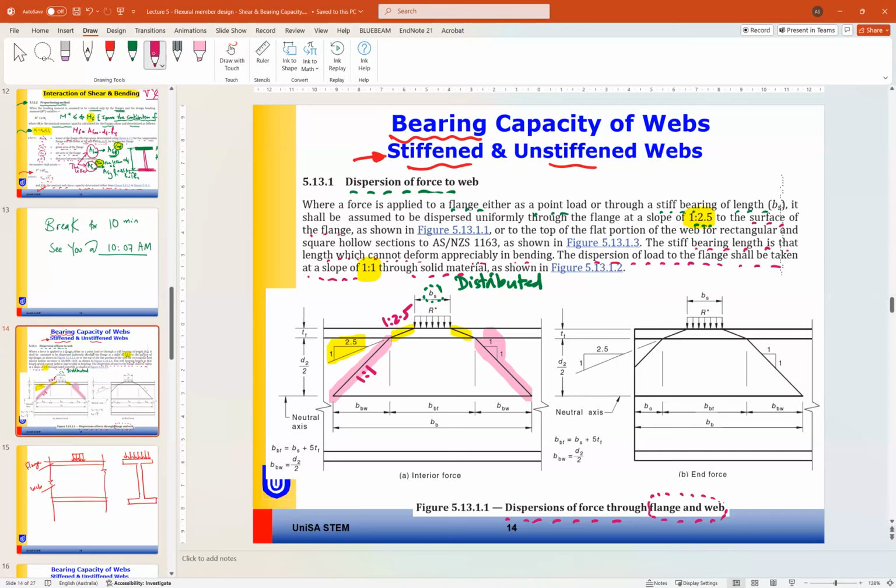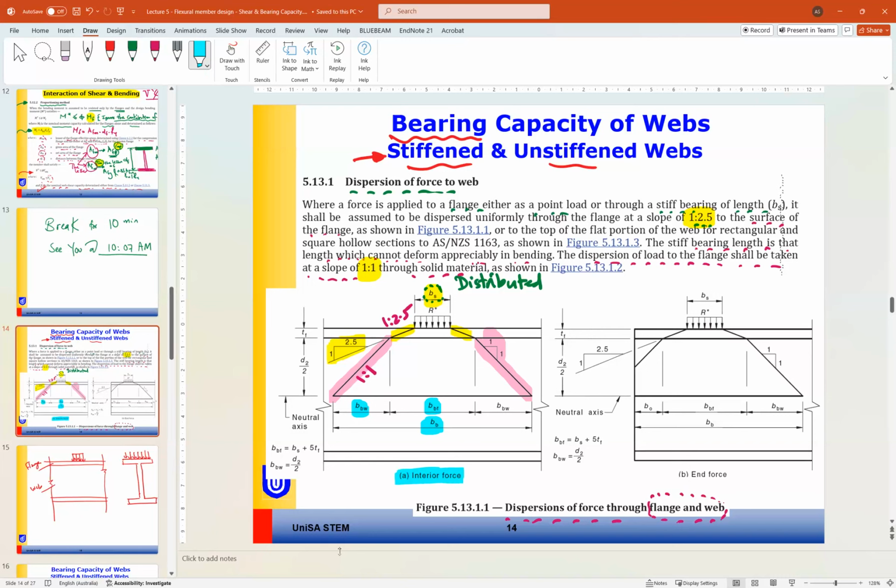Okay, so the load starts distributed over BS on the top flange, and then it is transferred to the web to a width of BB. BB is equal to BBW, which is the slope horizontal projection for the web, plus BBF, the slope horizontal projection for the flange itself. Okay, this is for interior force, so we are not close to the edge.